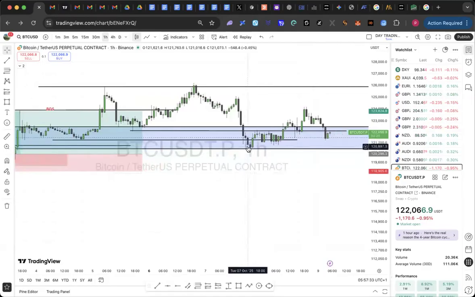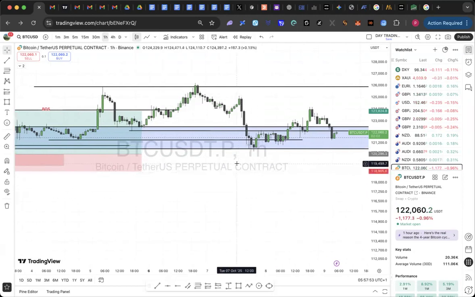So one candle or two candles will form the accumulation, or you will see there will be accumulation, and one candle will be the manipulation, and at the same time the distribution.